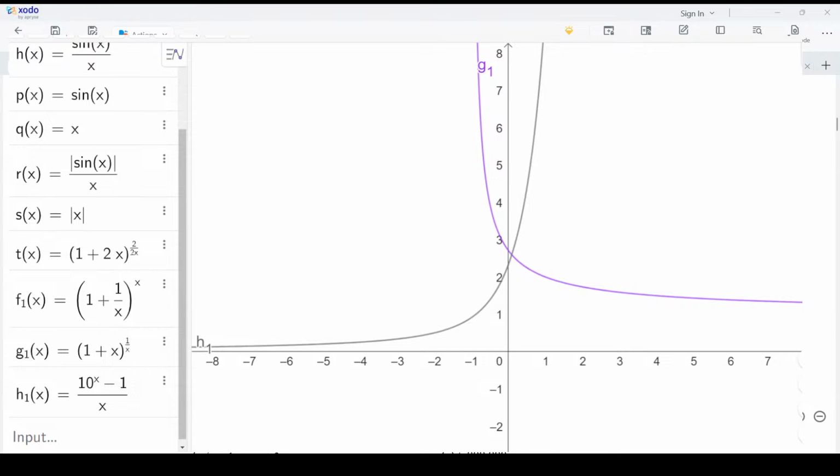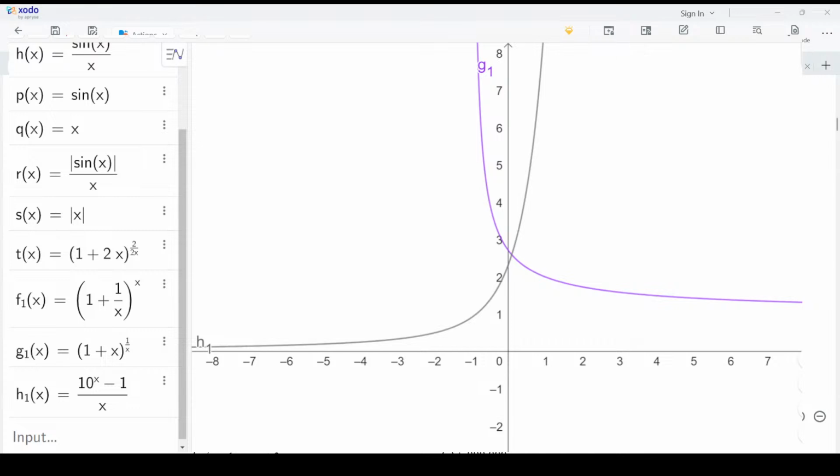Similarly, 10 power x is more closely related to e power x than to x power 10. X power 10 is a polynomial function; 10 power x is an exponential function. So the way we differentiate 10 power x is different from x power 10.